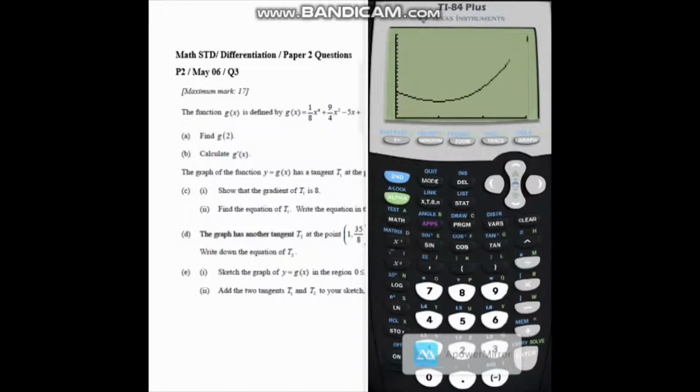And there is the graph that I need to draw. And in double I, I'm required to add the two tangents which we have previously obtained to my drawing.